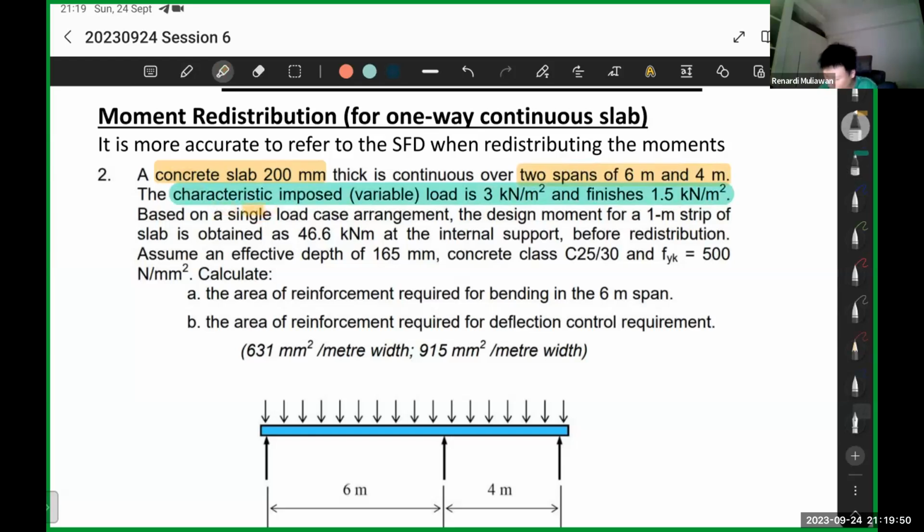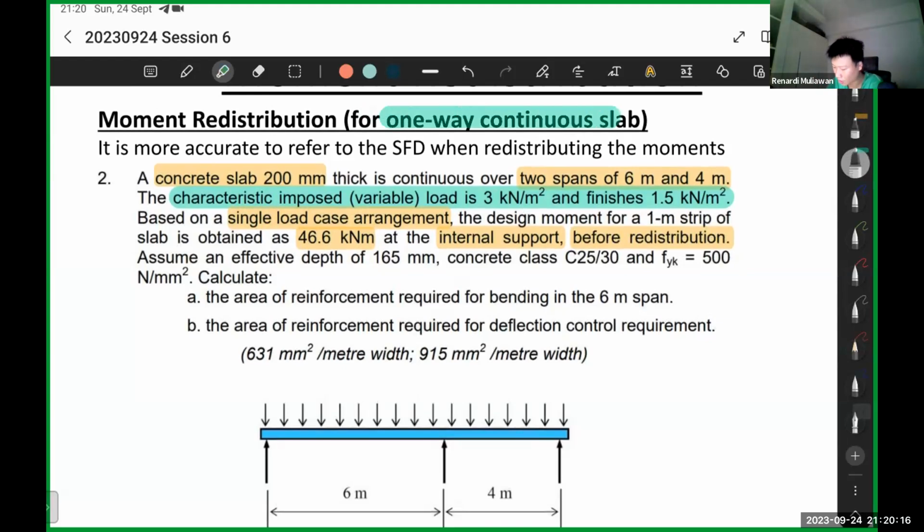Based on a single load case arrangement, the design moment at the 1 meter strip of slab is assumed to be 46.6 kilonewton meters at the internal support before redistribution. I won't go into the design today. I'm just explaining the moment redistribution for one-way continuous slab.